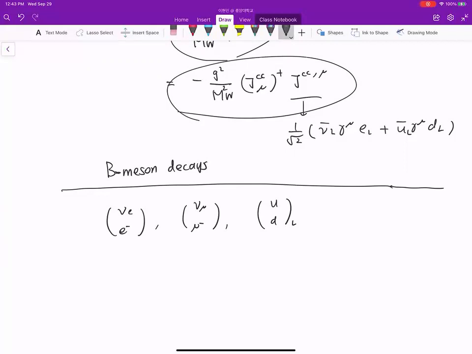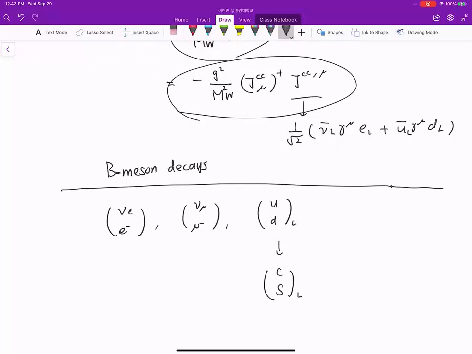So the neutron decay, for instance, beta decay, can be described by electroweak interactions. Then here we had to add additional quarks.